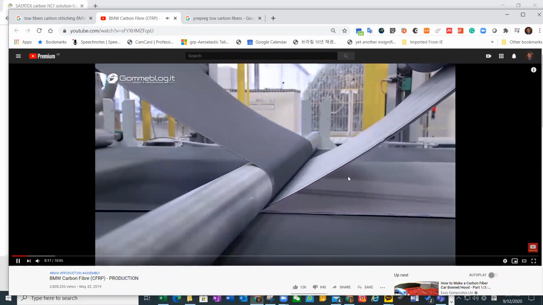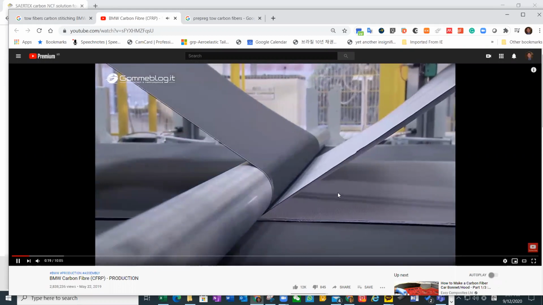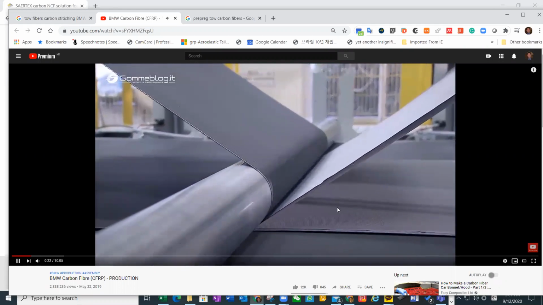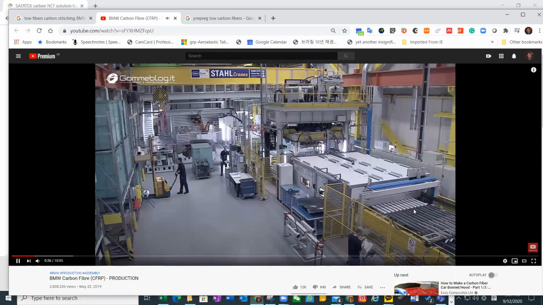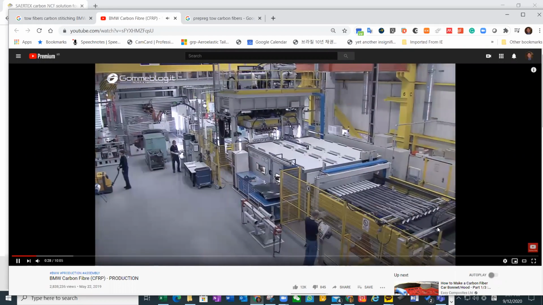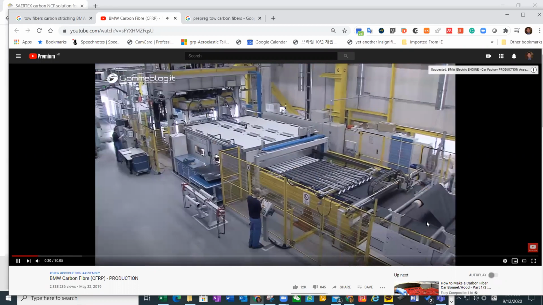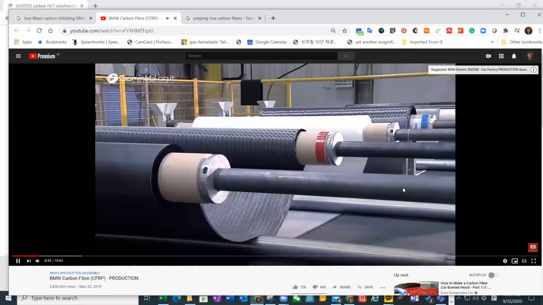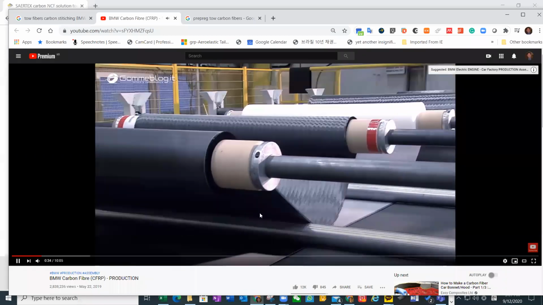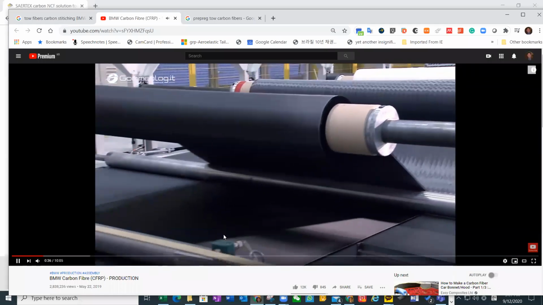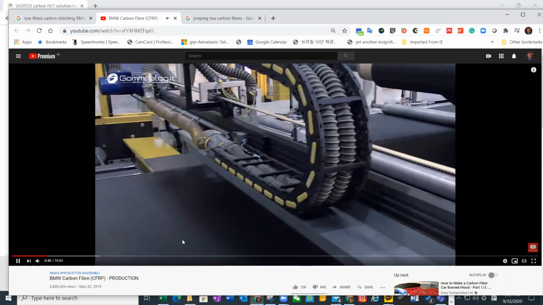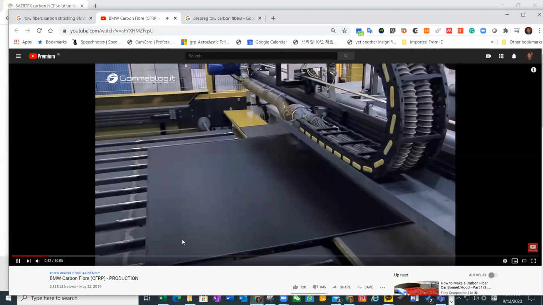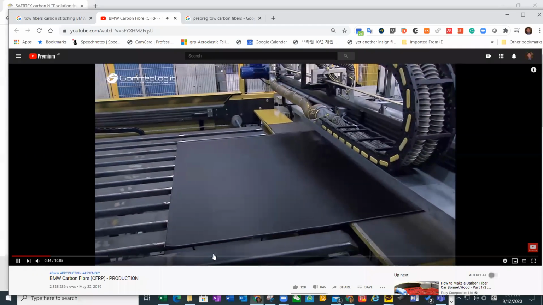This is the process to make a roof of the BMW, I think the i3. So for each one we have NCF fabrics, and sometimes just woven fabrics, and depending on the design, we layer them.